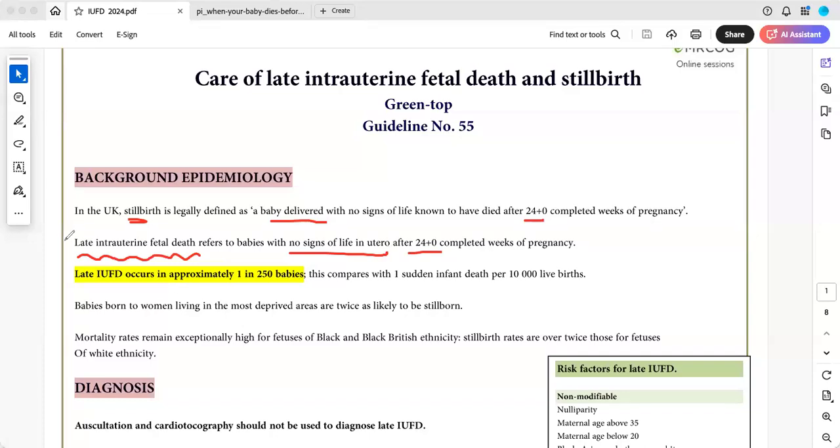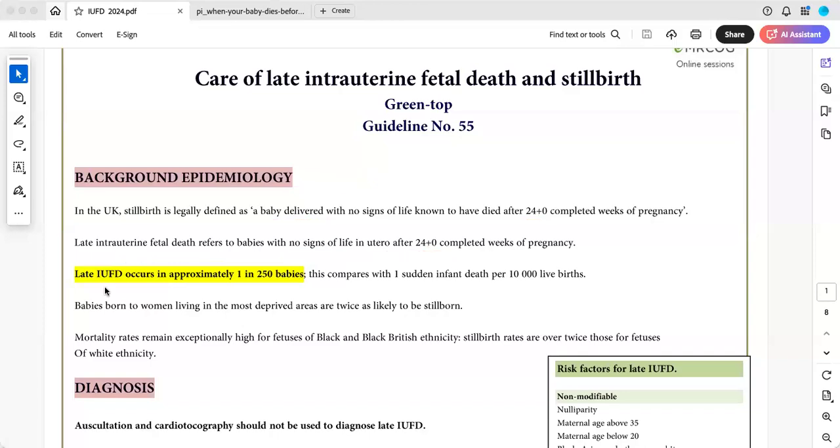But late intrauterine fetal death means that the baby is still inside, and from the definition, it's intrauterine, correct? So it's still inside the uterus, not delivered yet. So no signs of life in utero after 24 completed weeks of pregnancy, which is a common recall question, and people sometimes get it wrong if they don't know the difference between the two definitions.